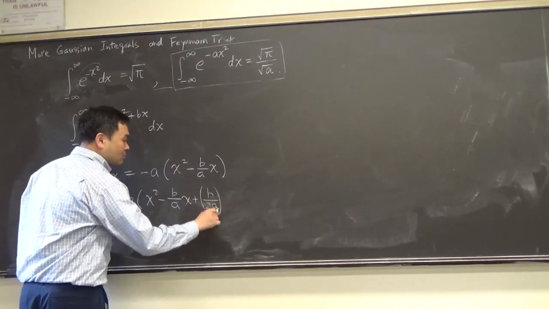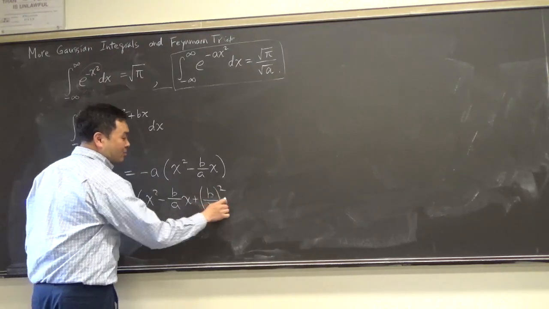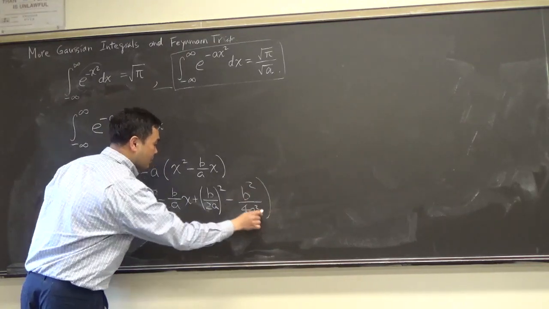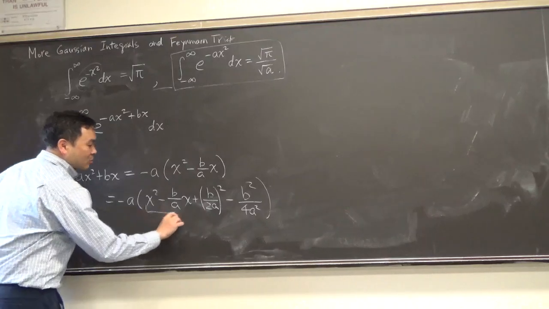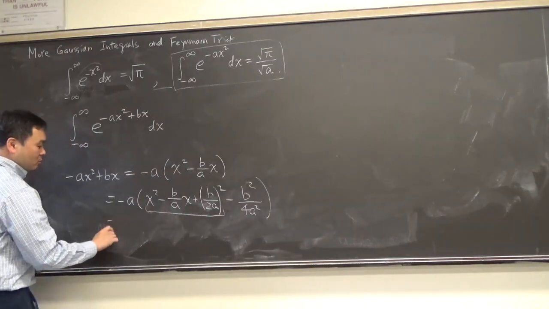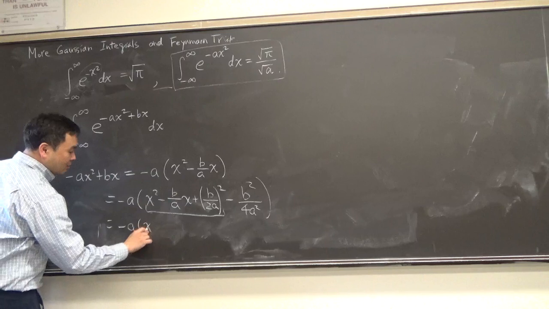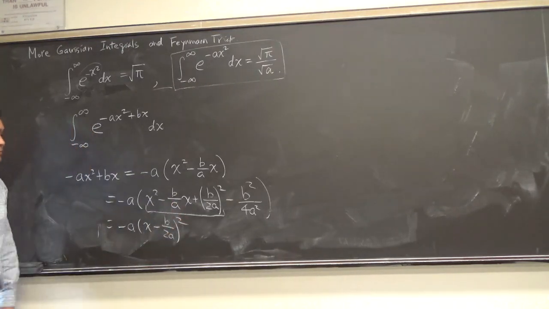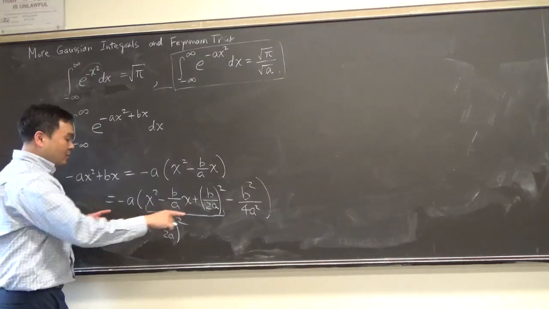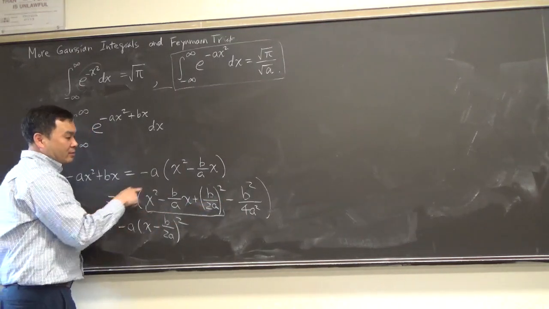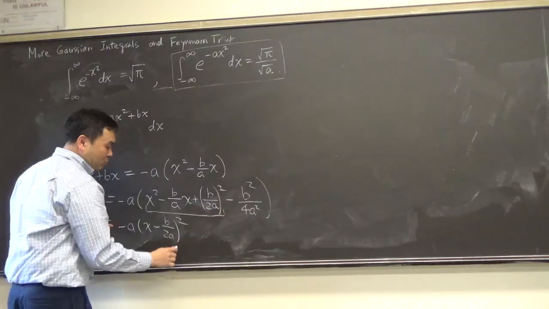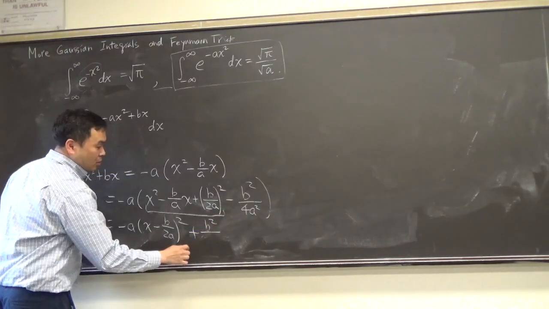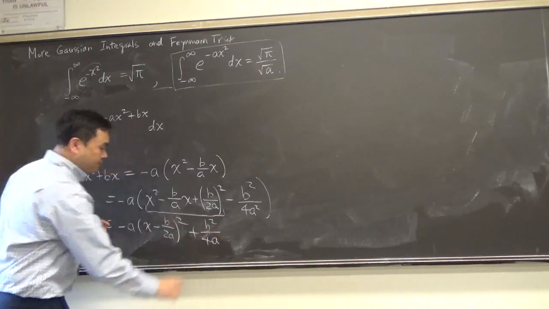And you take the square of that thing and add and subtract. Okay. Then this much here will be a perfect square. So it's negative a times x minus b over 2a, squared. Okay, so this much became this. But then the other one, negative a times negative b squared over 4a squared, would be plus b squared over 4a.